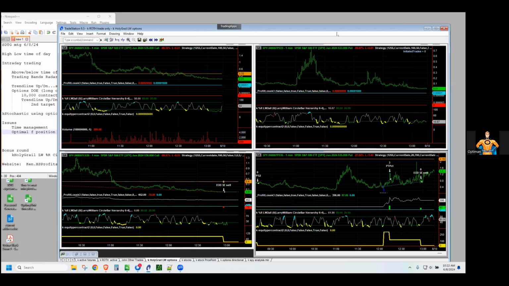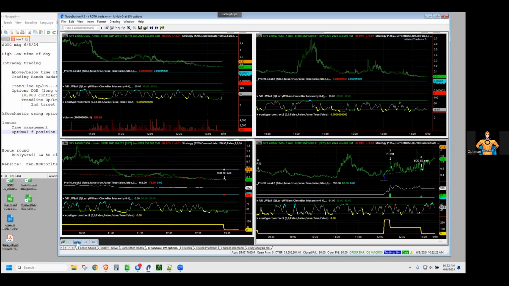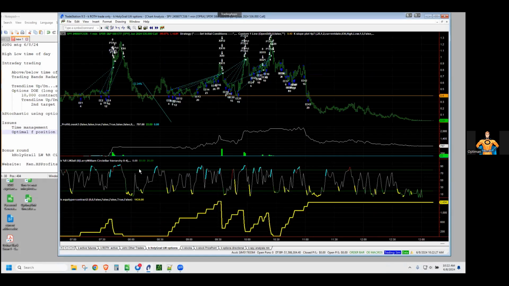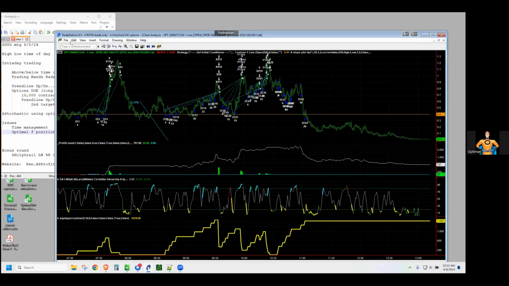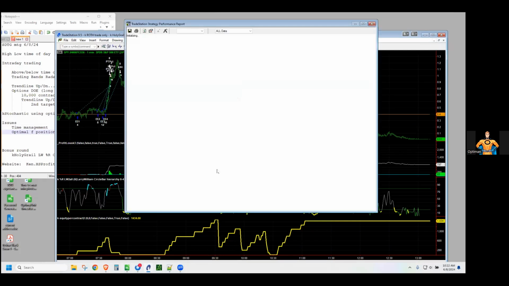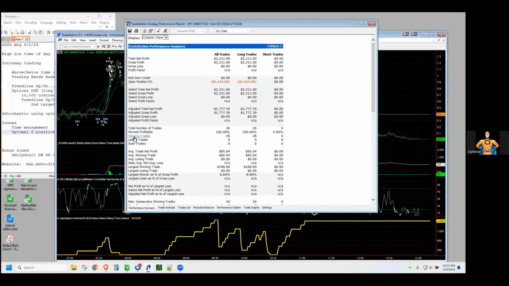One more thing, and then the other people were talking about high probability trading. So this is high probability trading on options again, and if you look at the equity curve, or if you look at the performance report, view performance report, you'll see that the percentage profitable here is 100%.